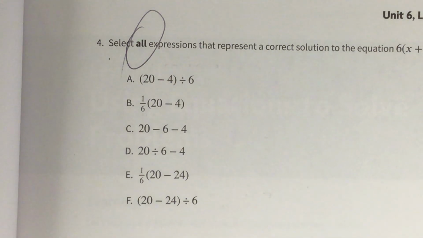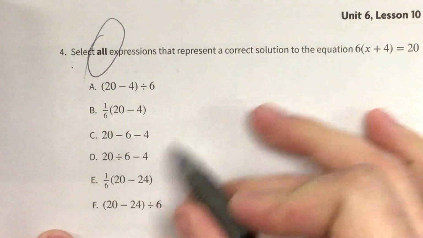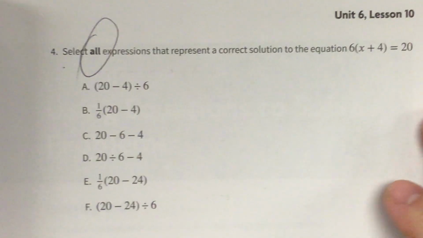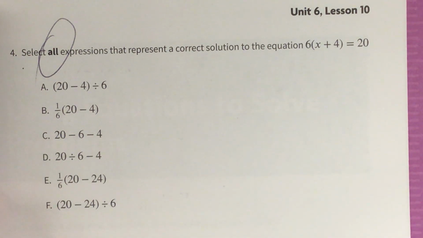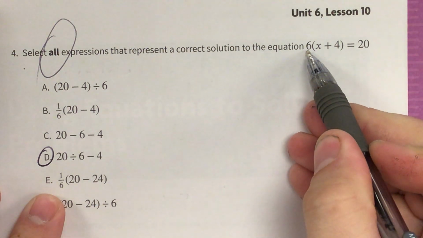Next question, number 4. Directions, Dieterle. Select all the expressions that represent a correct solution to the equation 6x plus 4 equals 4. All right. So how do you solve it is what it's asking you. Or we could actually figure it out and then see which answers work. Anybody think they have one? Lauren. D. Divide by 6.